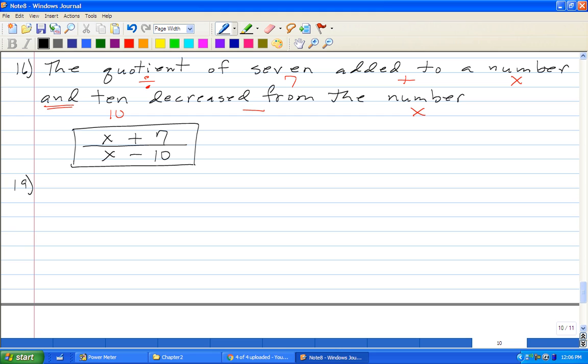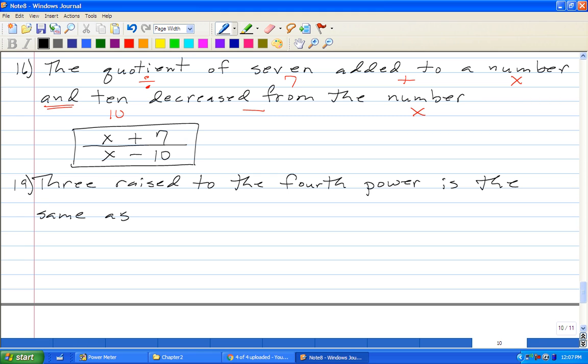Problem number 19: 3 raised to the fourth power is the same as 9 squared.